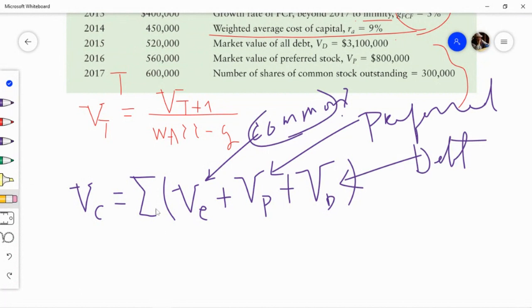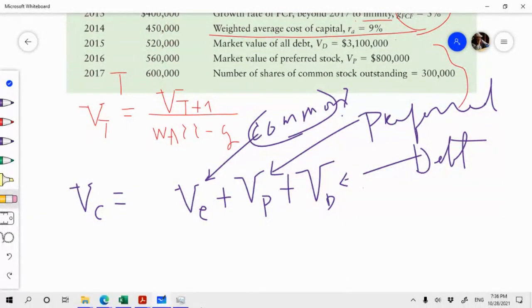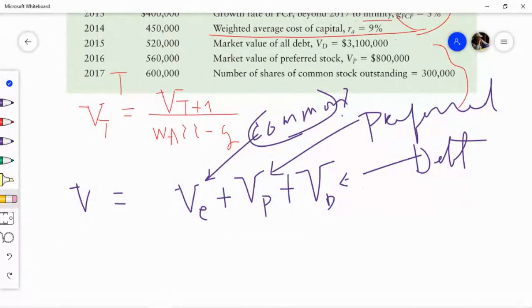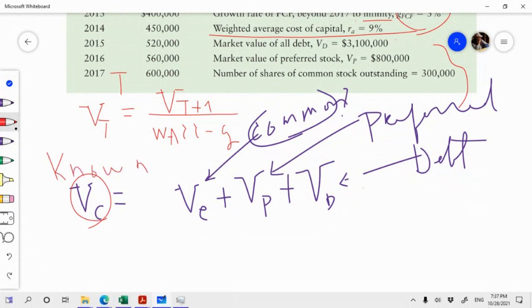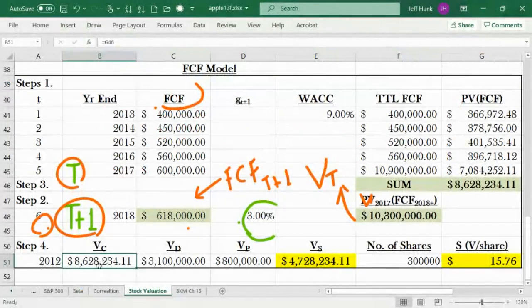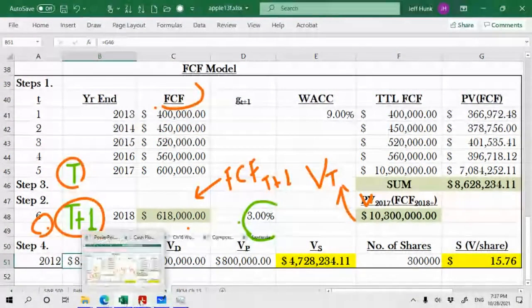So in other words, the value of the company is the sum of all of these things, right? And this is known. Value of the company is known. We just found it.